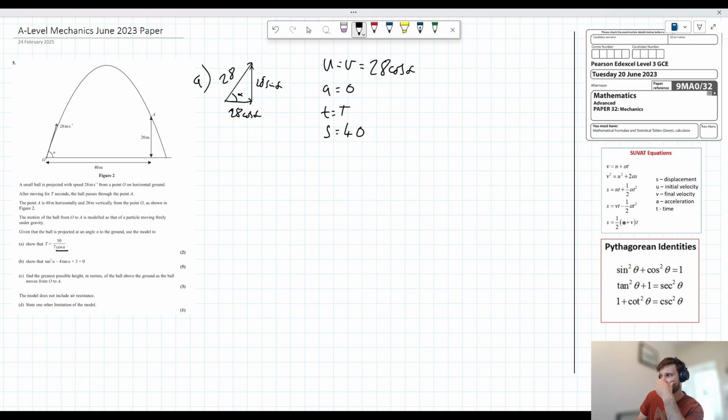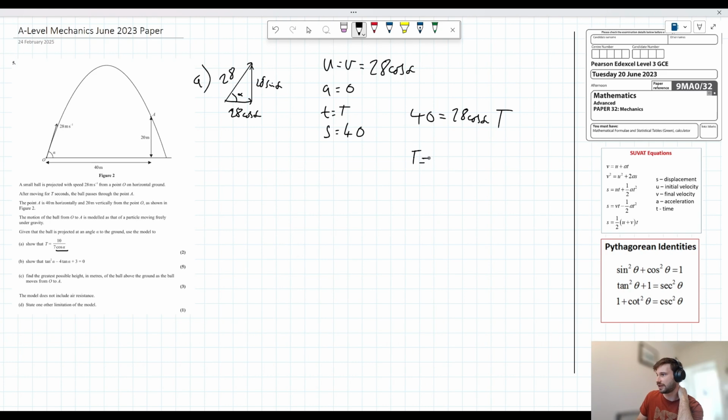S equals a half U plus V times T. So we could say that 40 here is equal to a half times U plus V. Note that U and V are the same thing, so we could just write out 28 cos alpha here. 28 cos alpha times T, T for time. Okay, we can rearrange this for capital T now.